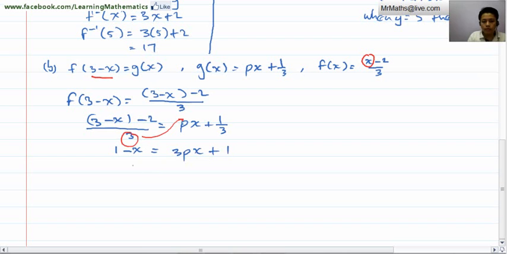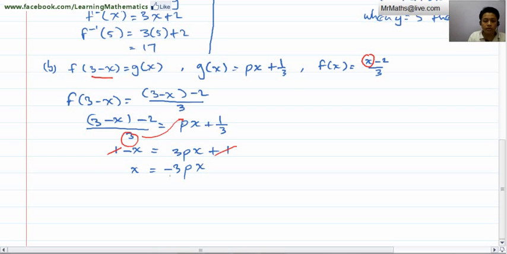Oh no, 1 and 1 over here cancel each other. Okay, but we want to find the value of p, right?